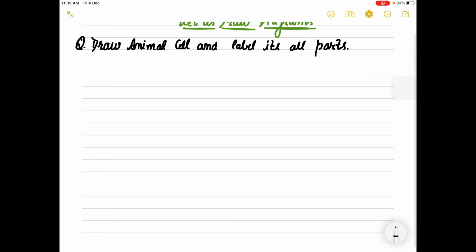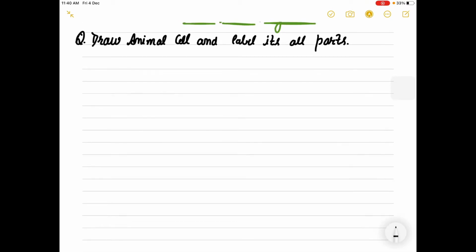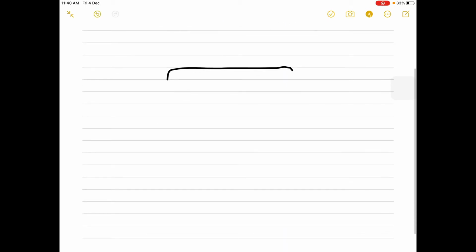Let's say the question comes: draw an animal cell and label all its parts. Few students find it difficult to follow the diagram mentioned in our NCERT, so let's make it in a simpler way, right? First you have to draw.